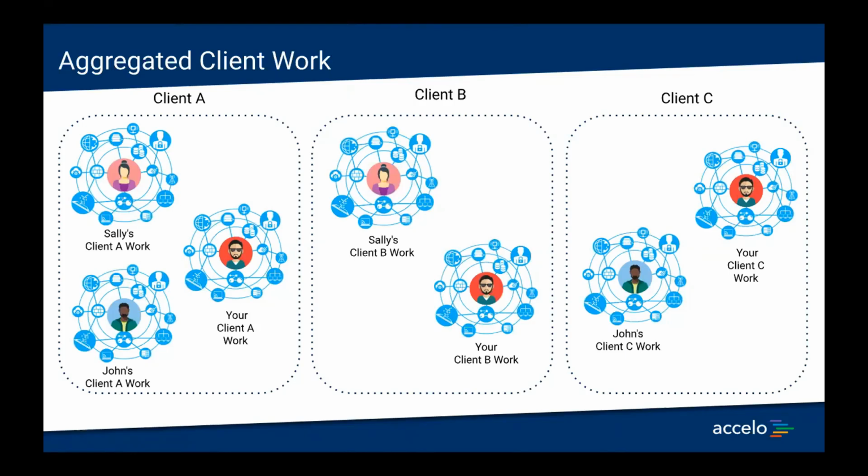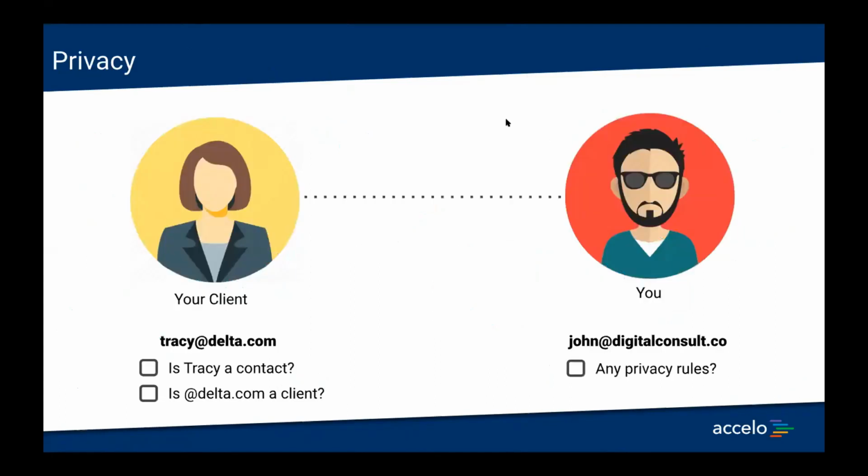All right. Now, one of the biggest questions that often comes up with this G Suite integration is the idea of privacy, right? So you're going to pull all of this information from my inbox, and it's going to be client work. But how can I guarantee that that work is going to be client work?